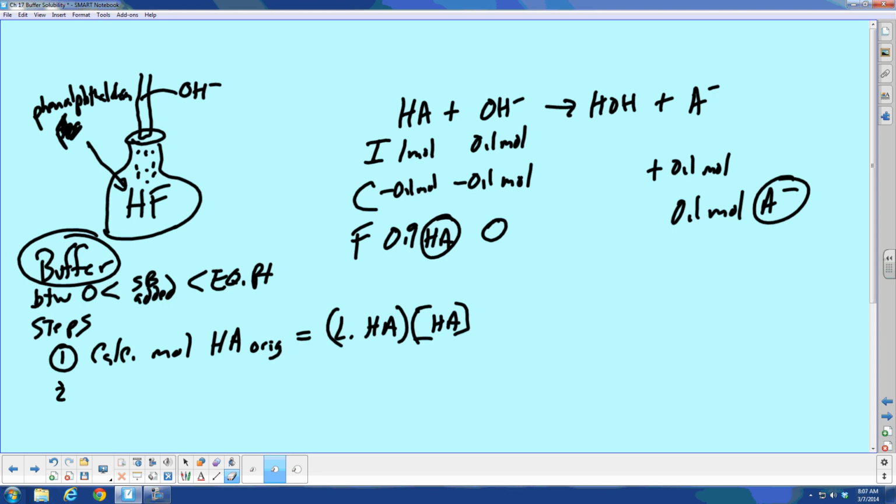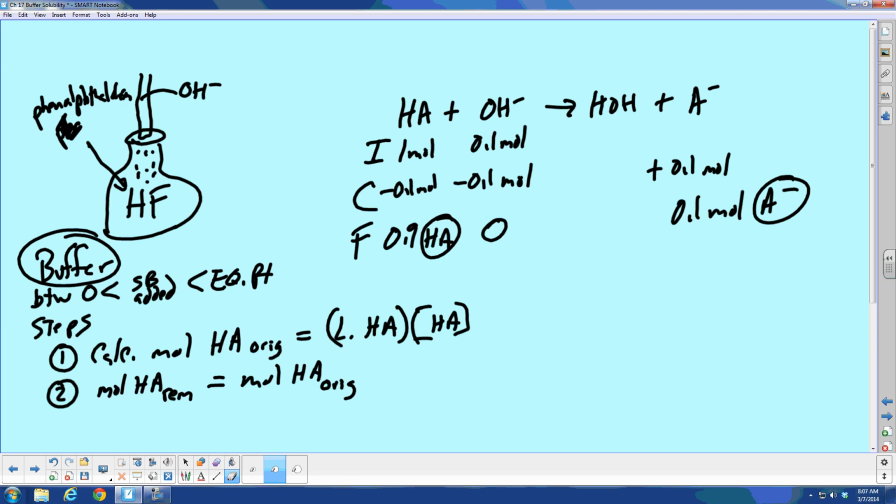Number 2, we need to figure out how many moles of HA remain. How many remain after we added our hydroxide? Well, what are we going to do? We're going to take the moles of my HA original. Well, and then what did we add?